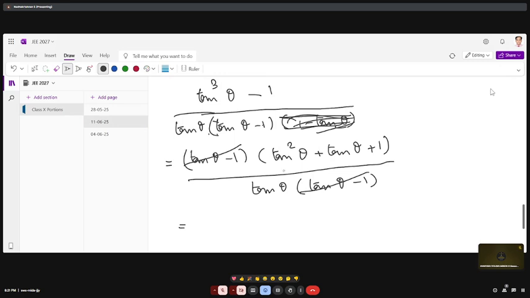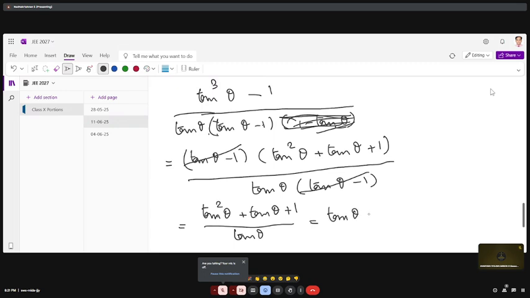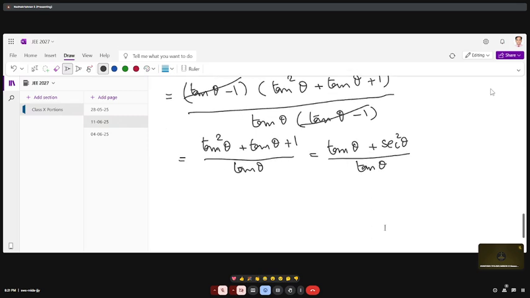Okay. So numerator is tan square theta plus tan theta plus 1. Denominator is simply tan theta. And this tan square theta plus 1, what is tan square theta plus 1? Secant square theta, right? So the first term I will keep as tan theta plus secant square theta. So you see tan theta by tan theta, that is 1 plus secant square theta by tan theta.